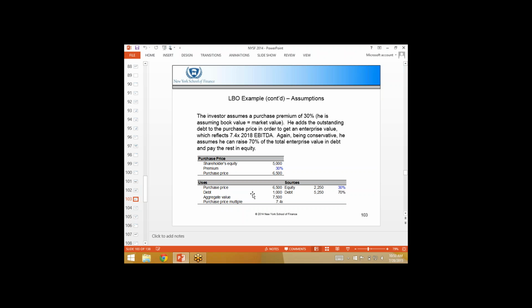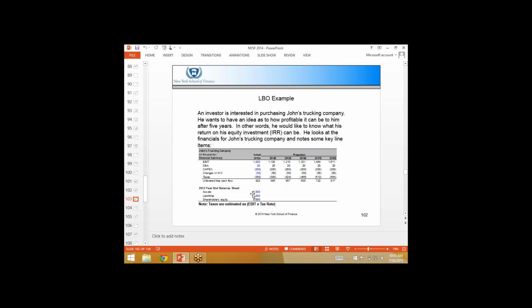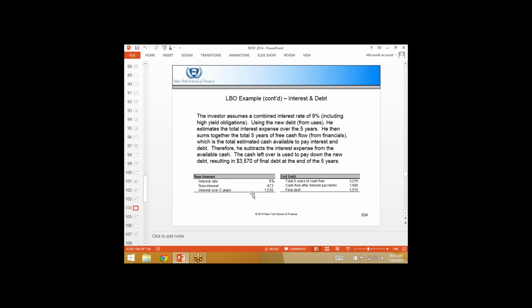Was it 35%? Was it 40%? Doesn't say. I believe it was 35%. 1536. Okay. Total obligations is the interest, 1536, plus the beginning debt, 5250. I owe that much that I will use cash to pay down.